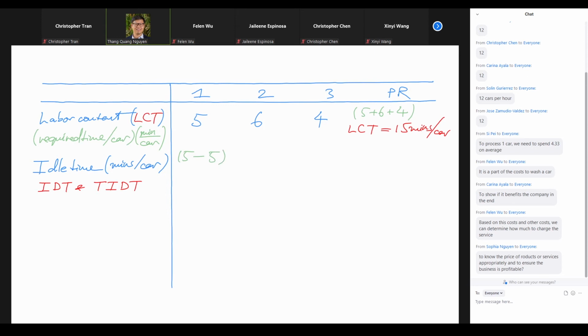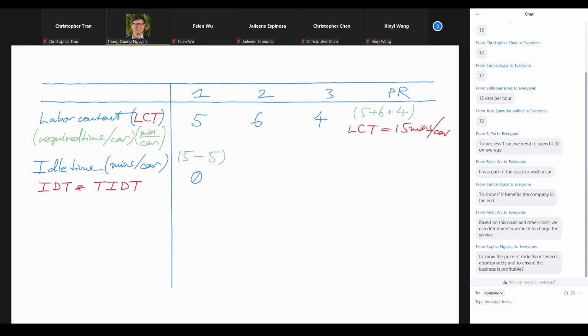In this case, the idle time is 0 because the workers have to work the full 5 minutes. Because of the nature of the soaping activity, it takes 5 minutes to soap up a car. So the workers do not have any idle time at all. He or she has to work all the time, right? So that's the idle time at station number one.